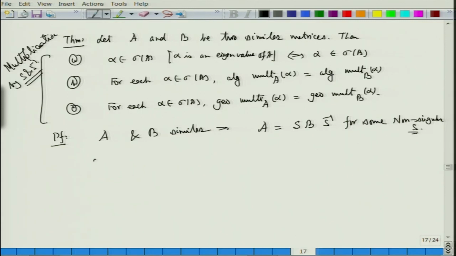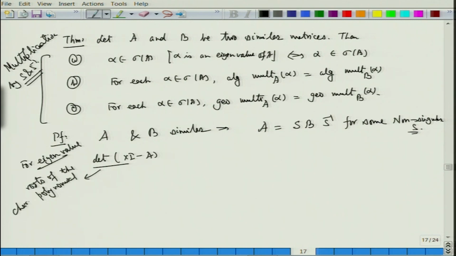So for eigenvalues, we need to compute the determinant of xI minus A. The eigenvalues are the roots of the characteristic polynomial.